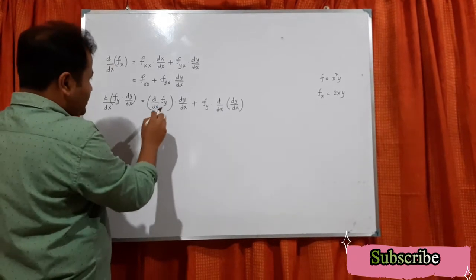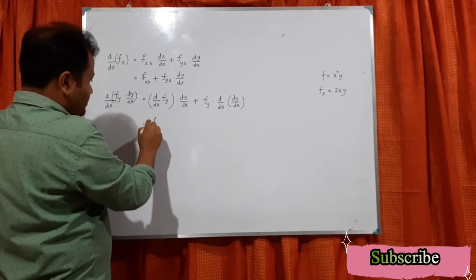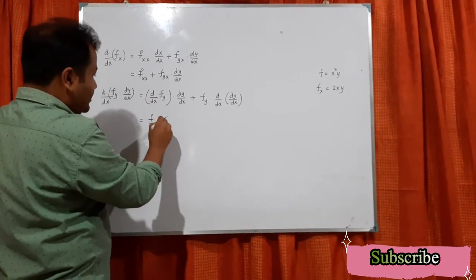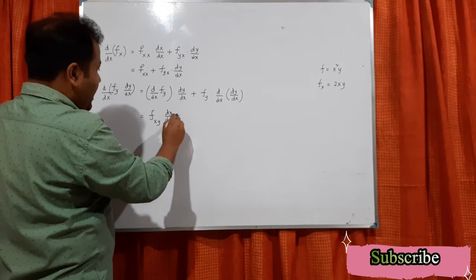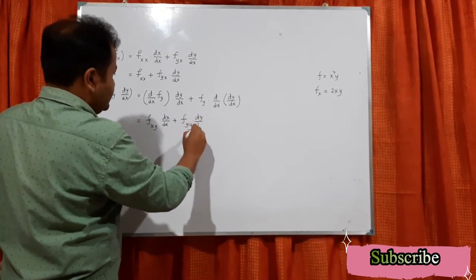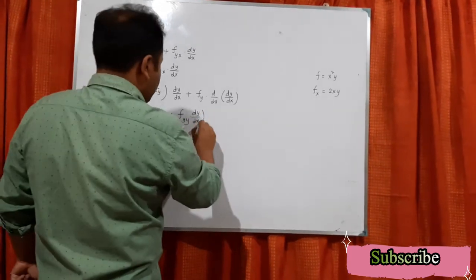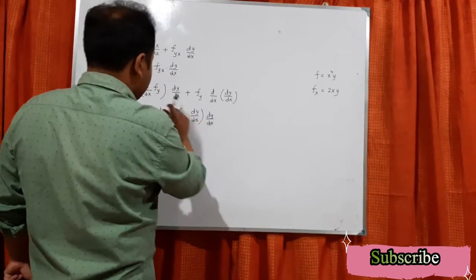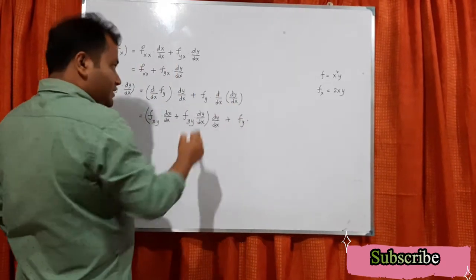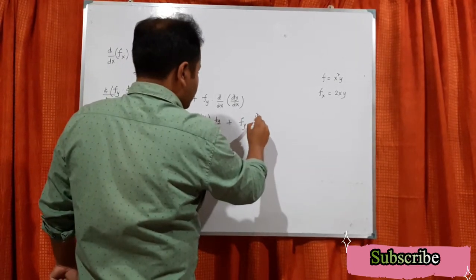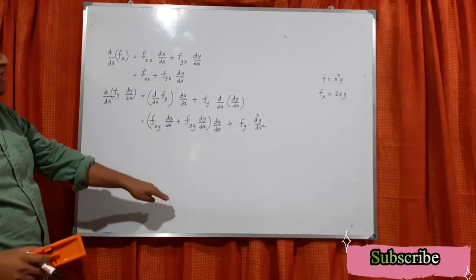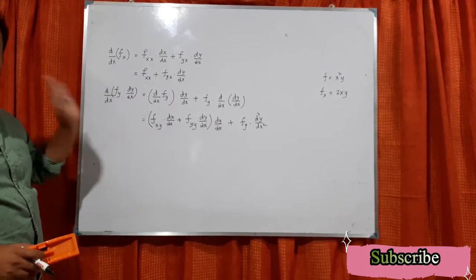The first one will be again the derivative of this one with respect to x into dx/dx, plus the derivative of this one with respect to y into dy/dx, and dy/dx is constant, plus fy, there may be d2y/dx2.